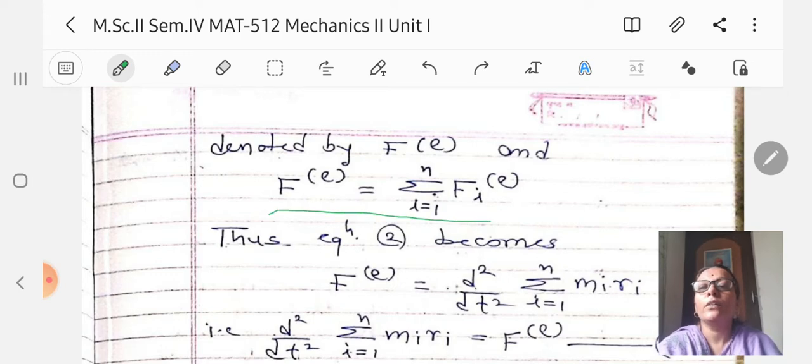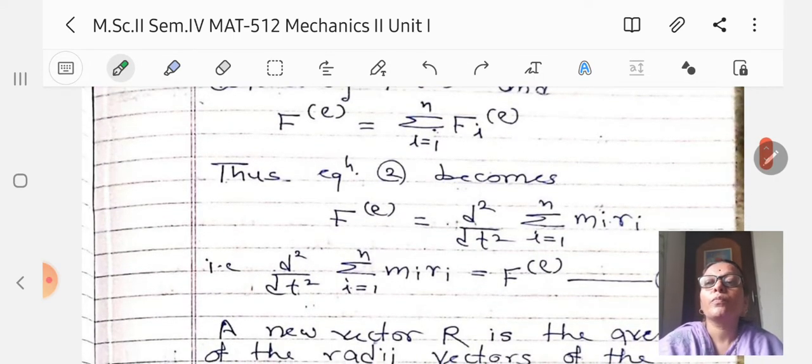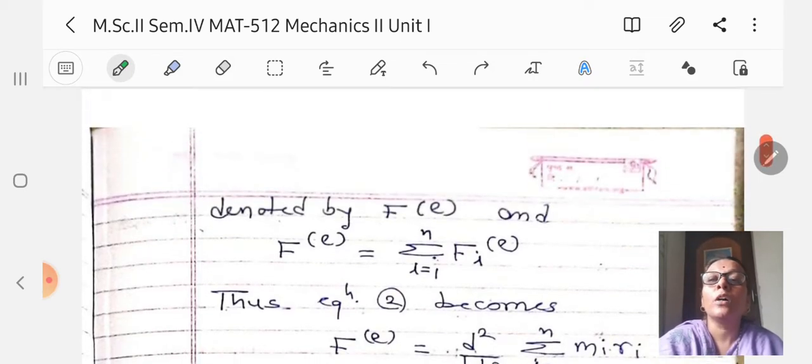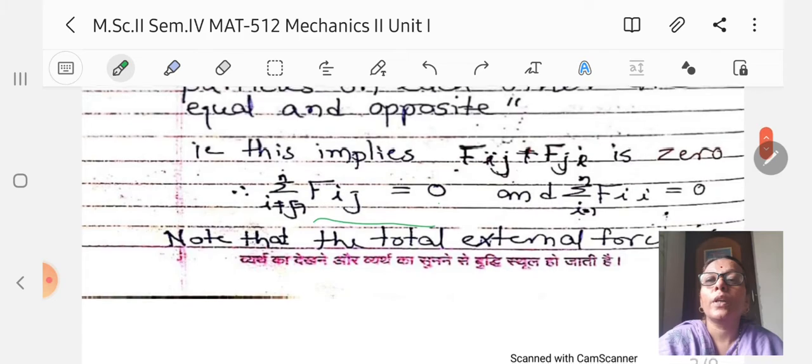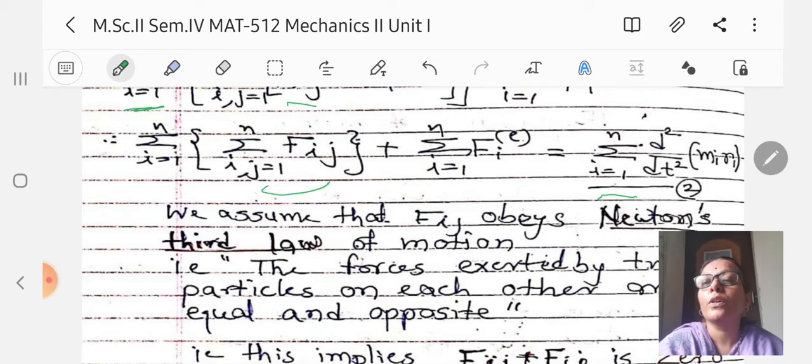Now equation second becomes: in equation second, this internal term becomes 0, and the summation of Fi(E) equals Fe, that is the total external force.